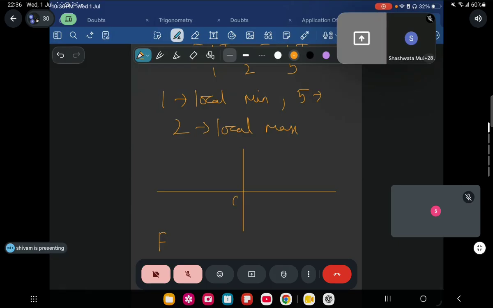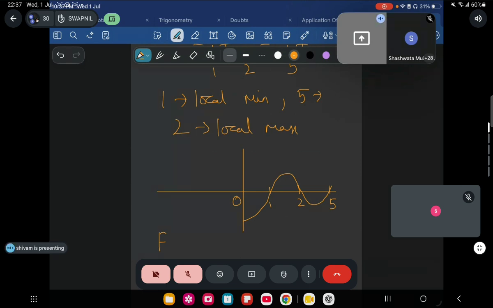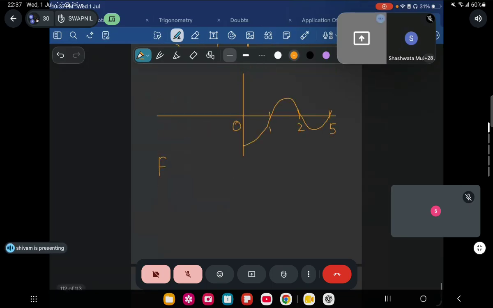Let me see. This is 0, 1, 2, 5. Okay, the graph will look somewhat like this. Now for area to be 0, if I integrate from 0 to 5, what will happen?